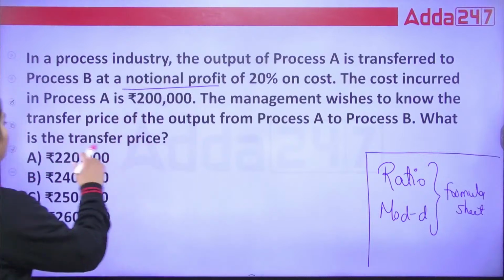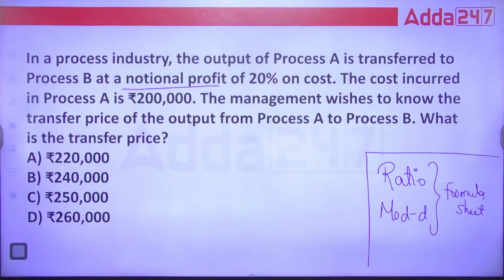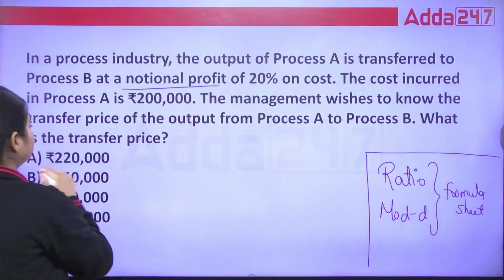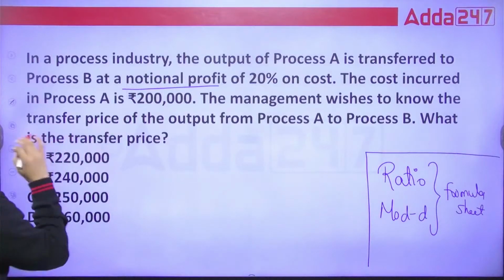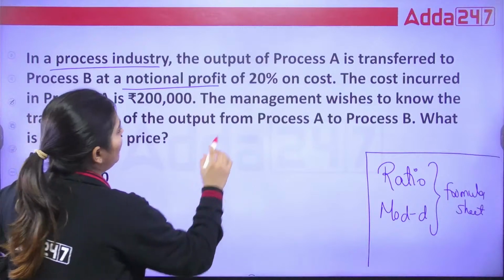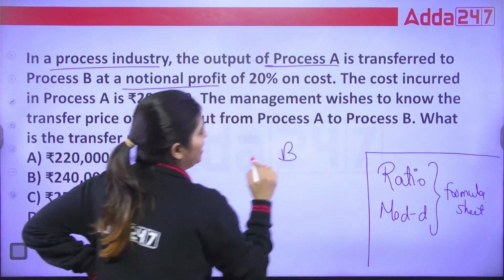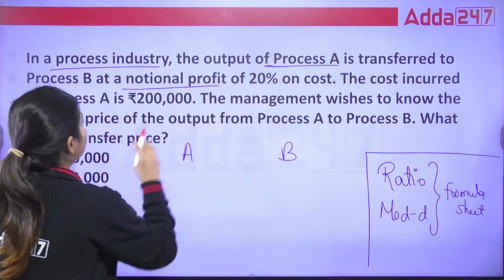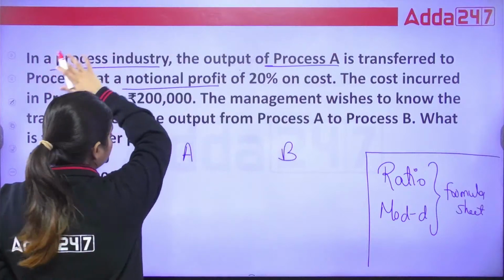Chaliye, let's get back to this question. Now, what they are asking is the transfer price. In this question, they are asking about the transfer price. This is a process industry in which you have two departments, your A department and B department. As per the first line, the output of process A is transferred to process B department.